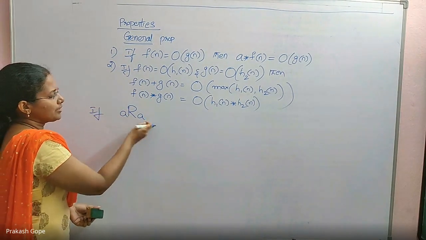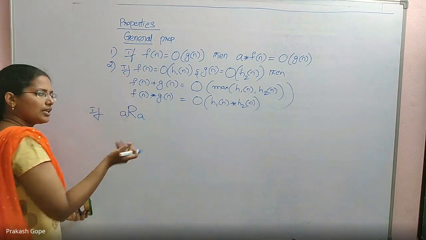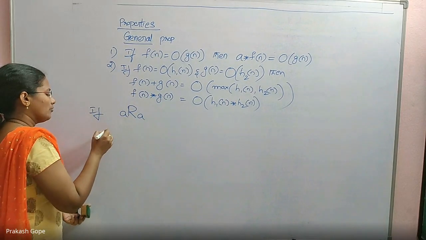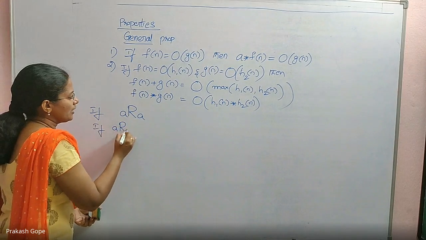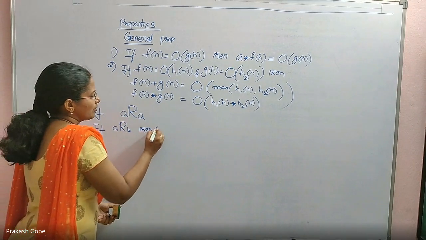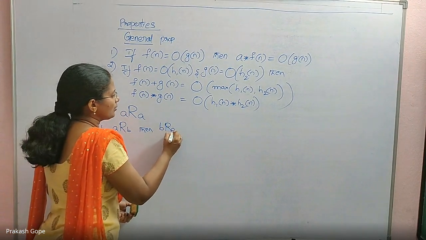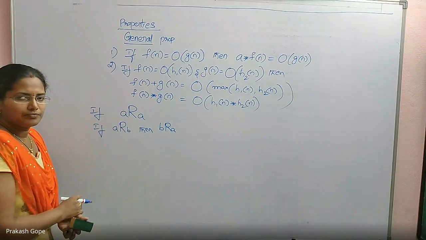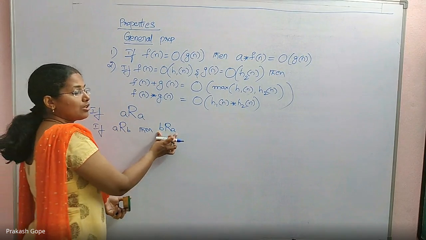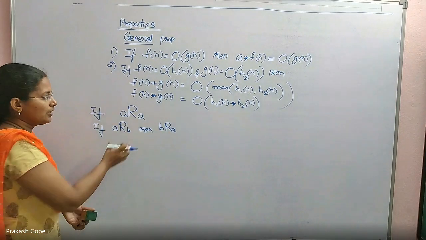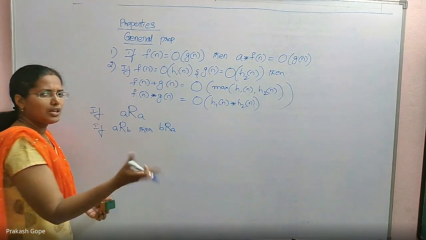If A is related to A, then we say R is reflexive. Then what is symmetric? If somebody says A is related to B, then if B is also related to A, then we say R is symmetric. If this is true but this is not true, then R is not symmetric.